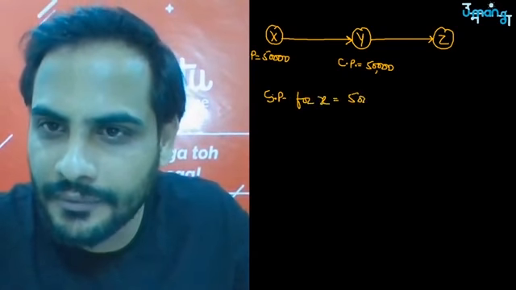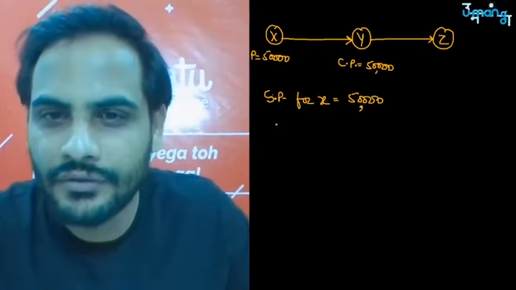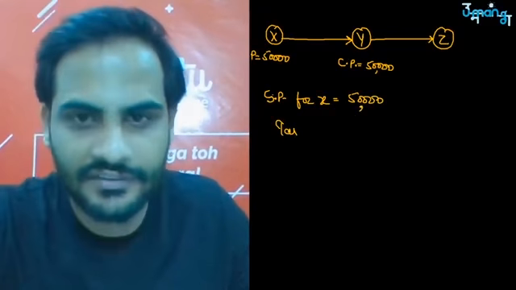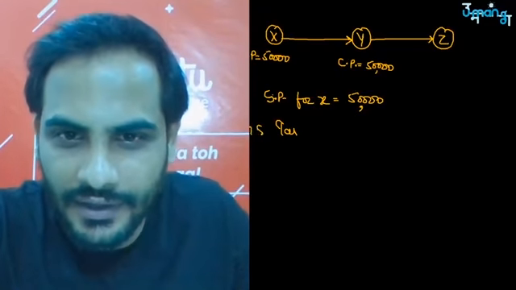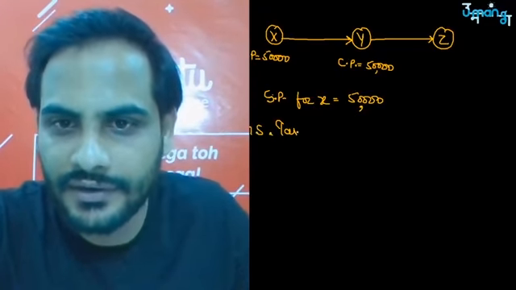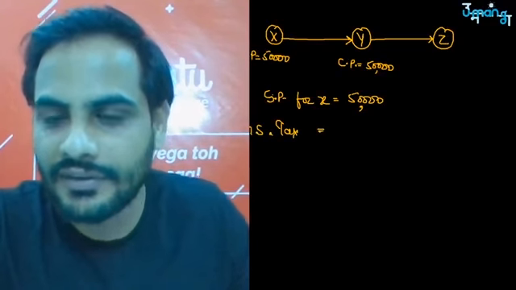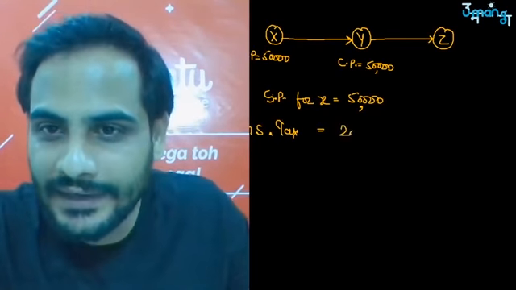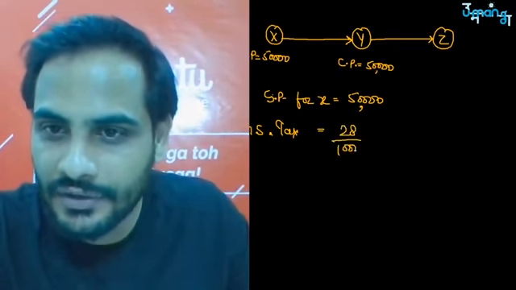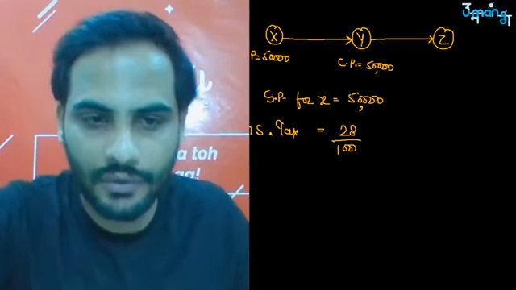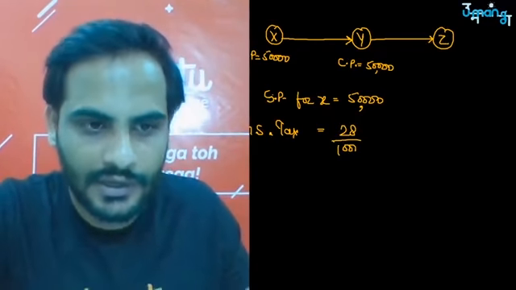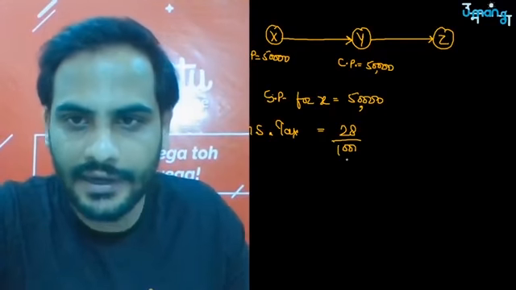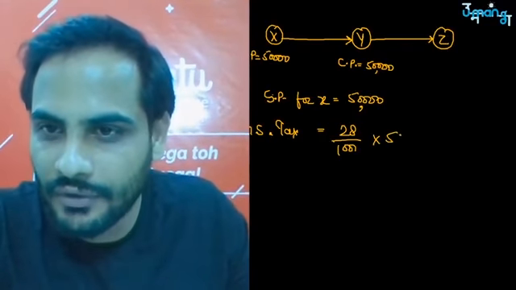was 50,000. So the tax, that is the GST, goods and service tax, will be equal to 28 percentage of the selling price.